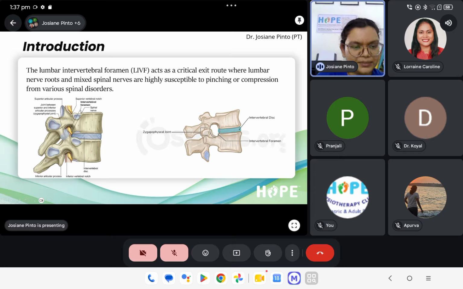Here again we see the anatomy from a side point of view. There is a superior vertebral notch. In the intervertebral foramen, you can see the spinal nerves exiting, the superior articular process and the inferior articular process, which then form the zygapophyseal joint.